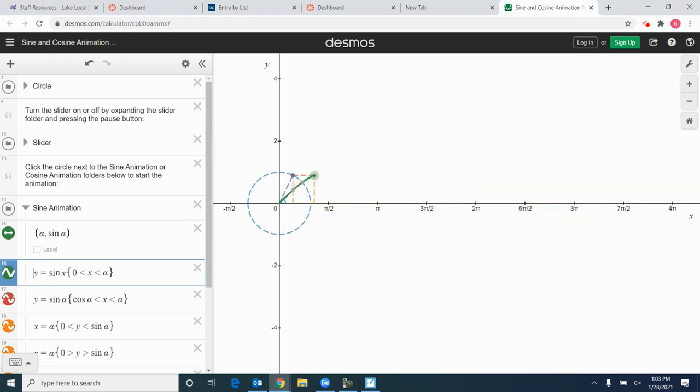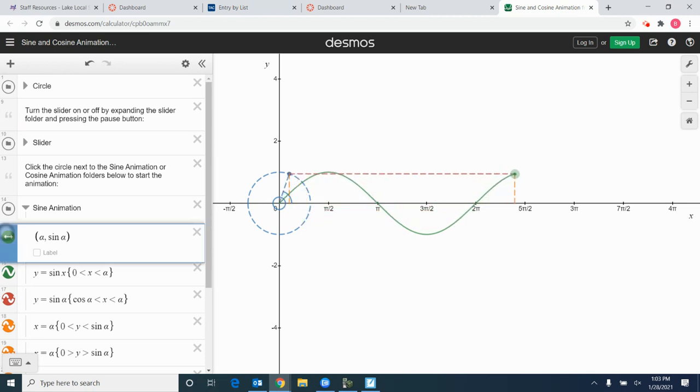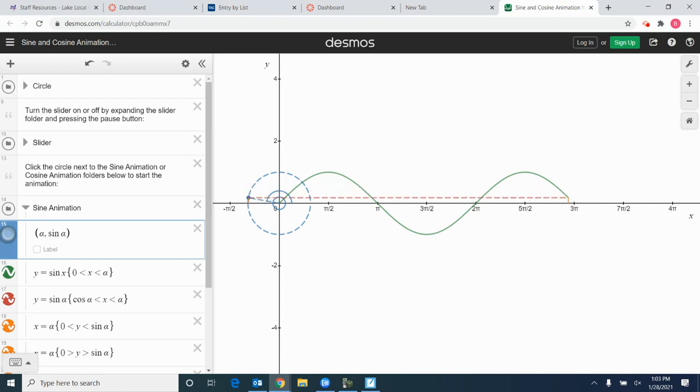So now it's going to graph it. Okay, so now right there, it goes up to 1. So it's graphing that y coordinate, the height of it.